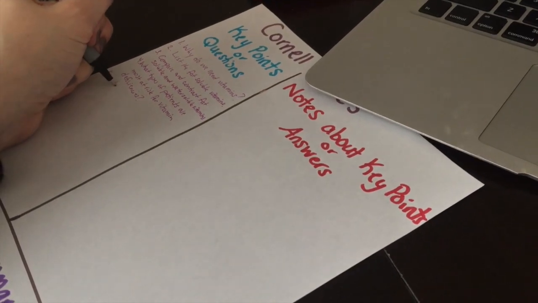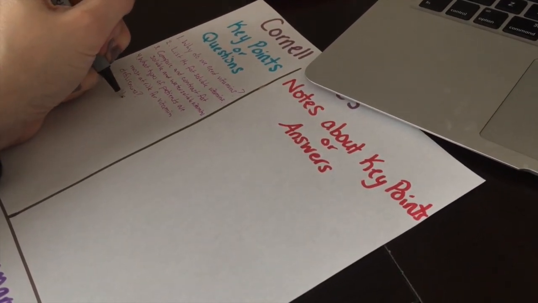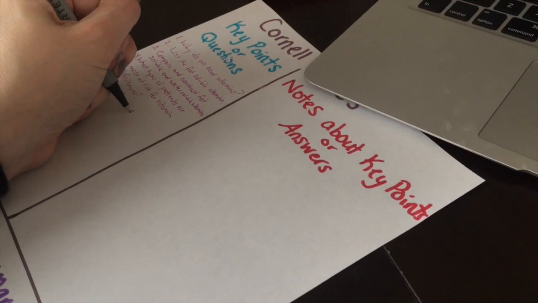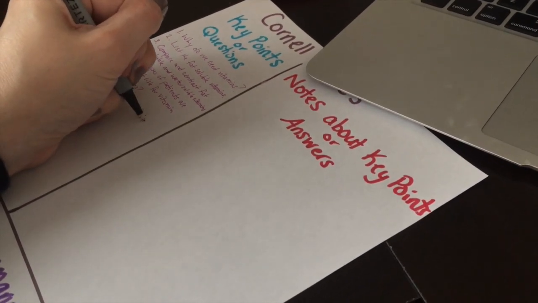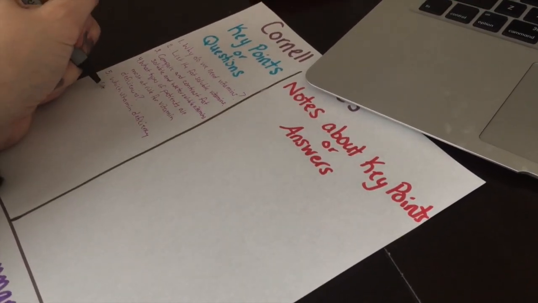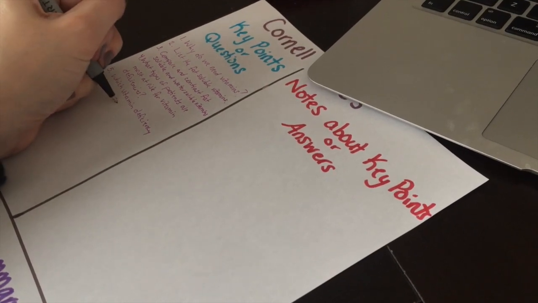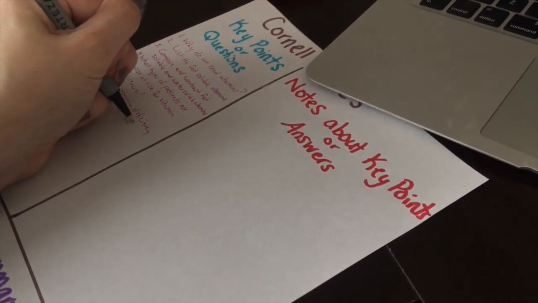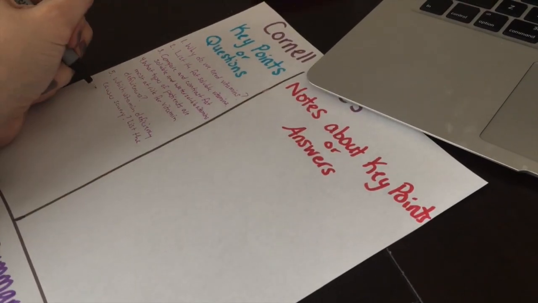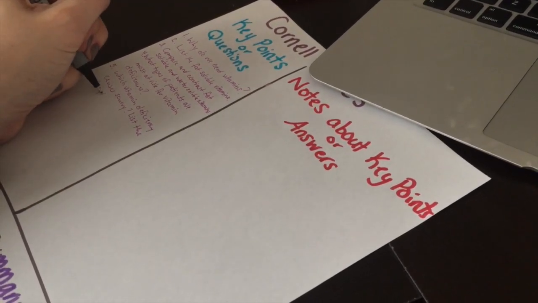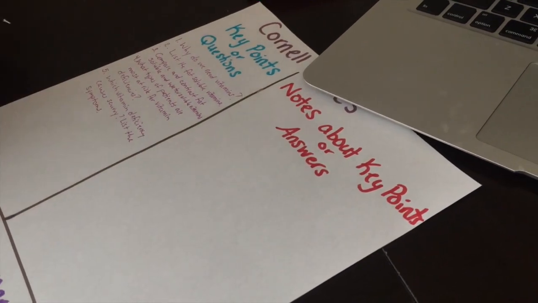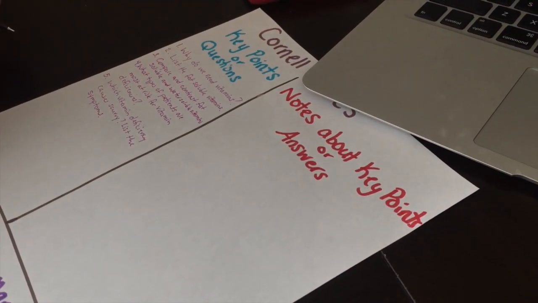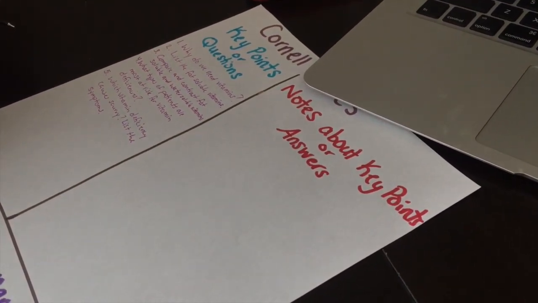You can meet up with a group of classmates and maybe all of you make your own questions and go around in a circle and ask each other questions. But make sure when you're making these questions that you're not making easy, one-word answer questions. I mean, of course you can have those lower level, simple recall questions, but try to make some compare and contrast questions, or some explain questions, or some select all that apply type questions.